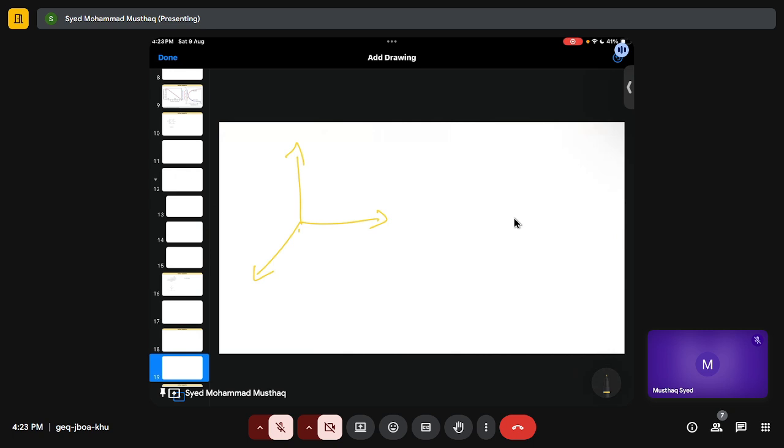If this is my axis and this is my crystal, then this plane will be called 1, 0, 0, this plane will be called 0, 1, 0, and this plane will be called 0, 0, 1. And what about a plane like this?